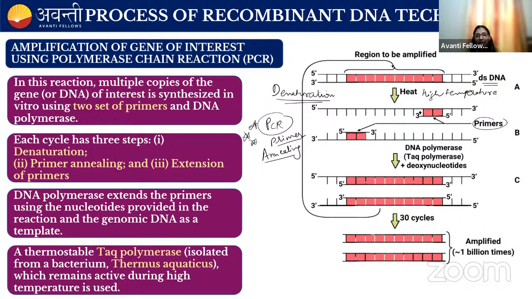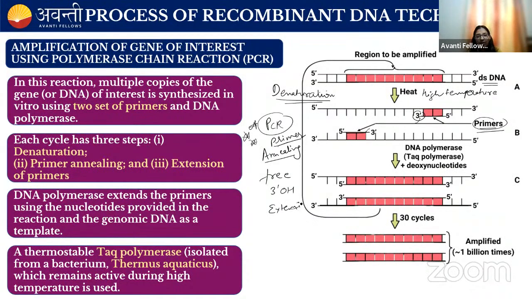The function of the primer is to provide a free 3 prime OH group, so that the incoming nucleotide can add to the primer. This step where the primers are added to the strands of the DNA is known as primer annealing. And now the third step is extension.